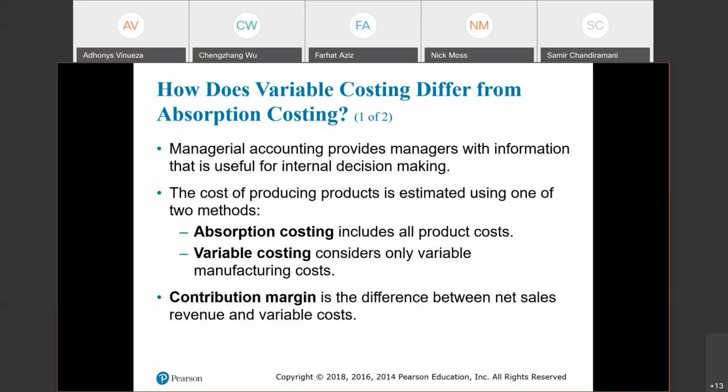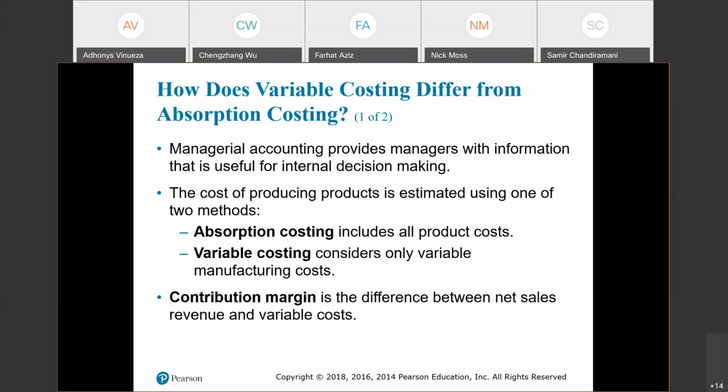Variable costing cannot be used for external reporting, but it is useful for managers to plan, to direct, and to control, to make business decisions. The internal financial statements use the contribution margin income statement format with a focus on contribution margin.